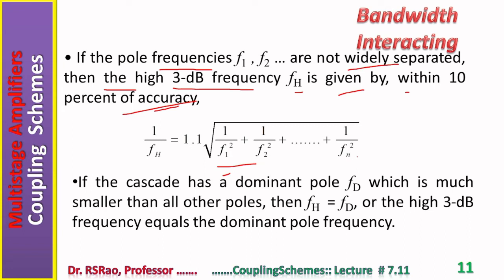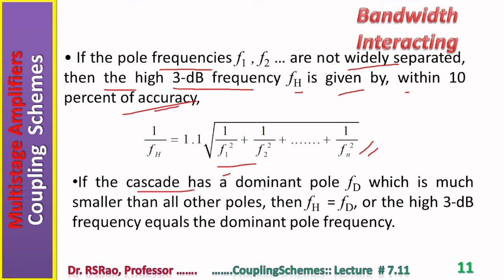See, the expression given in the previous slide is quite complex. One may need a digital computer to solve it to find Fh. Here, you can see a relation for Fh, but it is not exact. It gives a result with an accuracy of 10%.